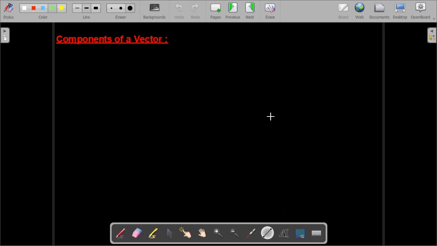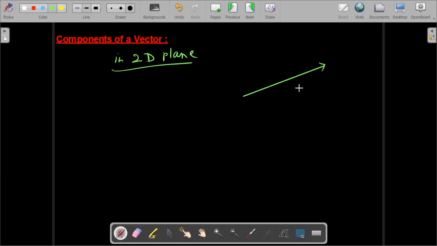Suppose a vector is given in two dimensions, in a plane. This is our A vector. Then we can split this given vector into two components which are perpendicular to each other.